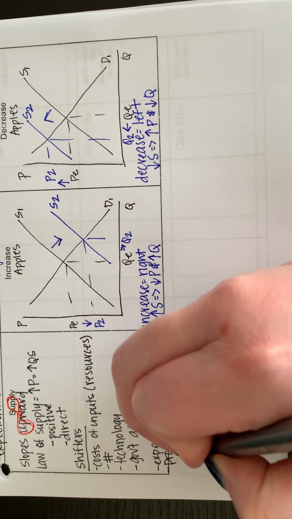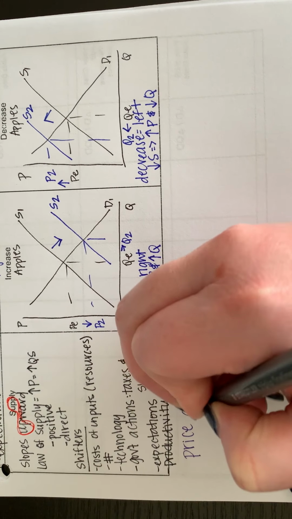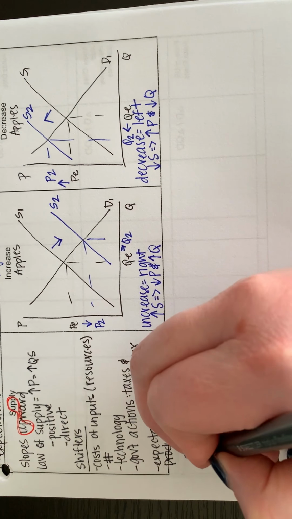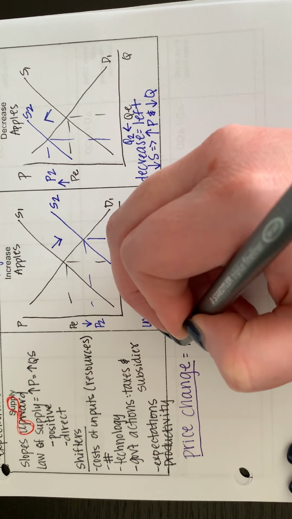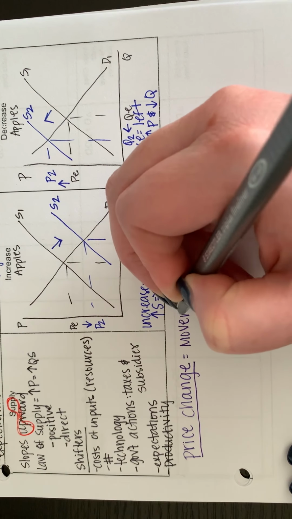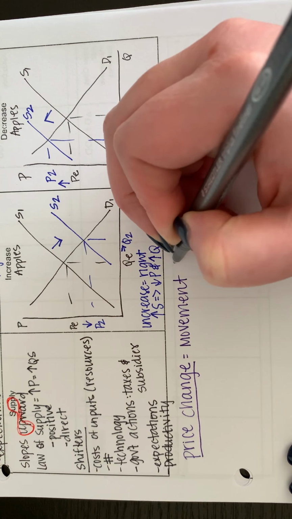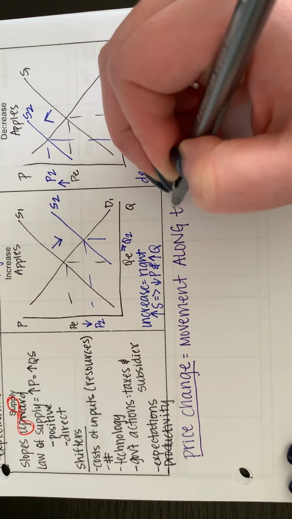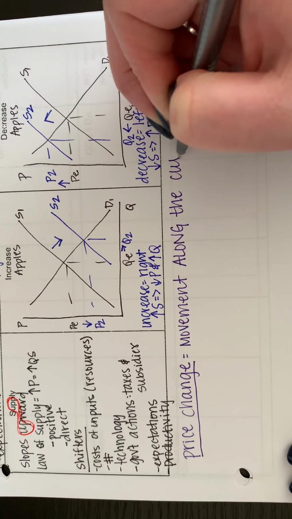So if we have a price change, meaning the sticker price of the product has changed, we are going to move along the curve. So we're going to have movement along the curve if we have a price change.